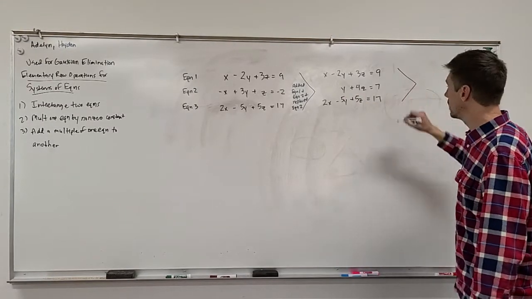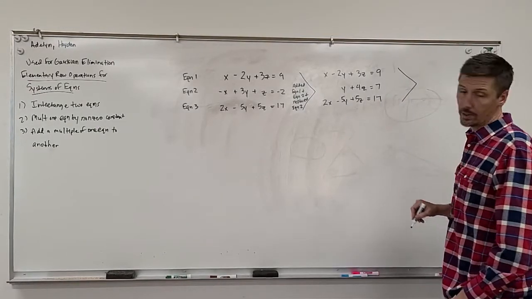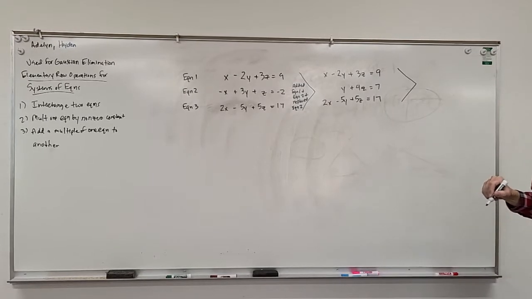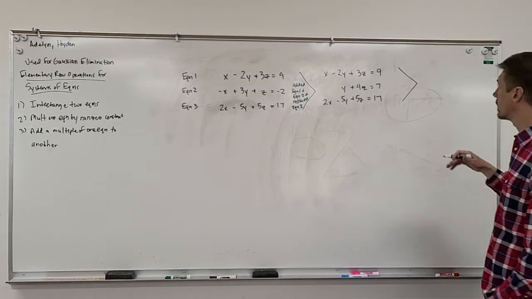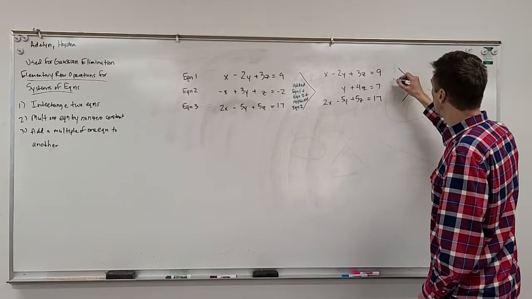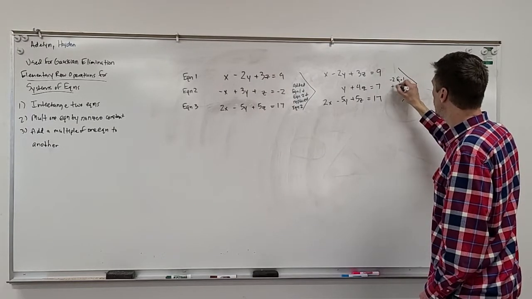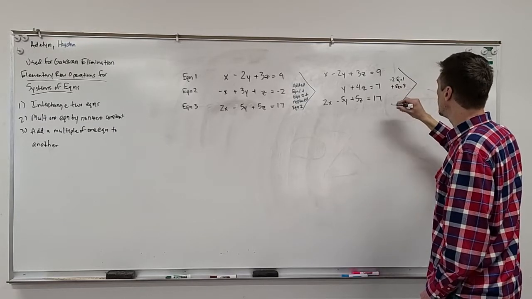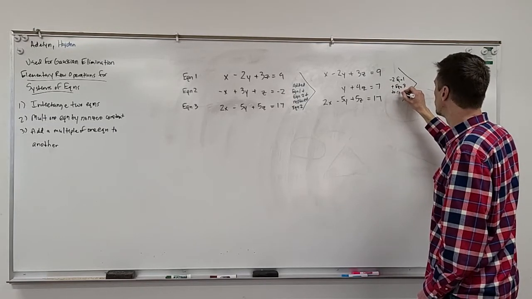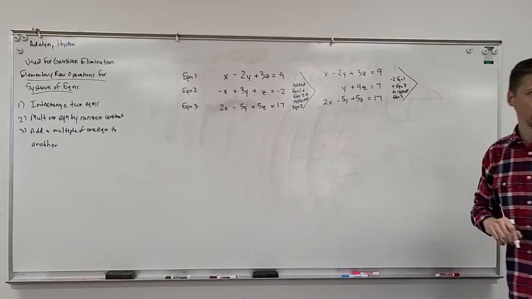So we're going to take the first equation, multiply it by negative 2, and add that to the third equation to produce a new third equation. In other words, negative 2 times equation 1 plus equation 3, replacing equation 3. That's what we're going to do in this step.